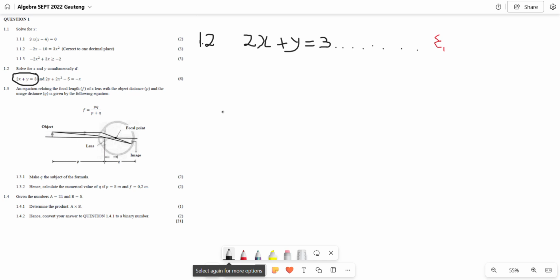Then we are going to write our second equation, 2y plus 2x squared minus 5, that is equal to negative x.